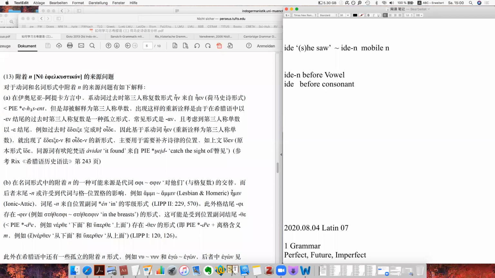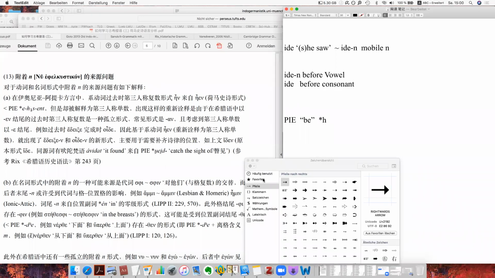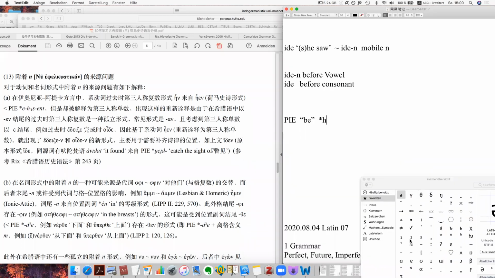So the origin is found in the copula. So in the copula, the third person singular is actually... let's talk about this, and after this topic we can finish today. So PIE be is actually H1.